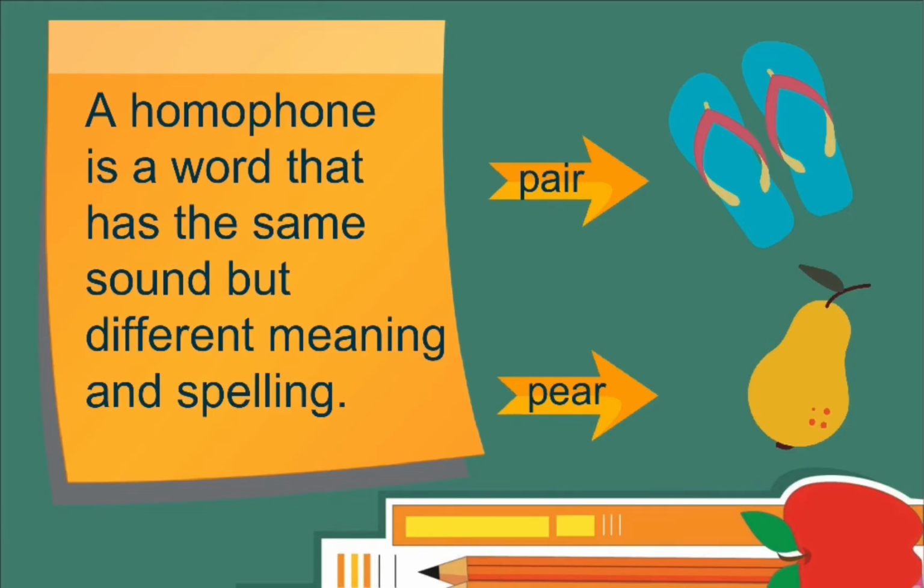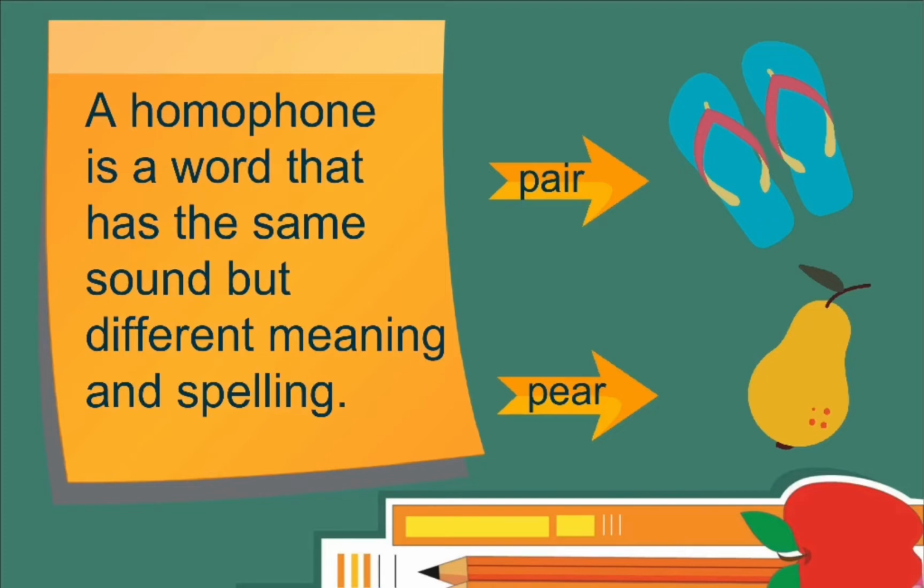When we use these clues, we look at the words around the word that is unknown to find out what makes sense. For example, I'm going to take a pair of sandals to the beach. Do you think I'm talking about shoes or fruit?